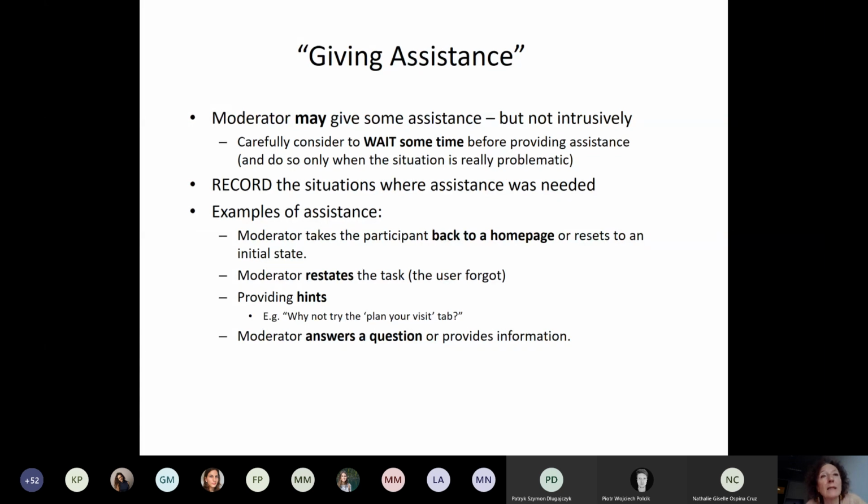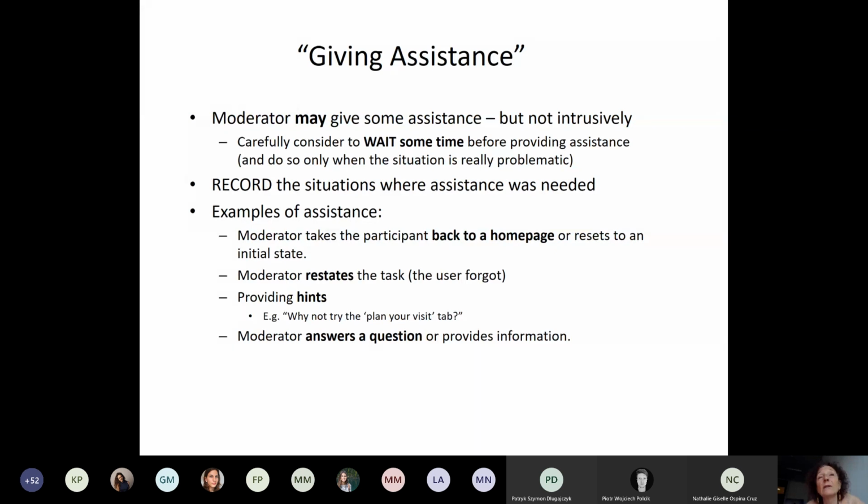The issue of how much assistance you have to give to people. In general, you should not give any assistance because any website is expected to be used without any assistance. But if something really wrong happens, you have to wait before giving any assistance. You should give assistance only if the situation is really problematic, so if the whole system crashes, the network does not work, or the user is stuck somewhere.